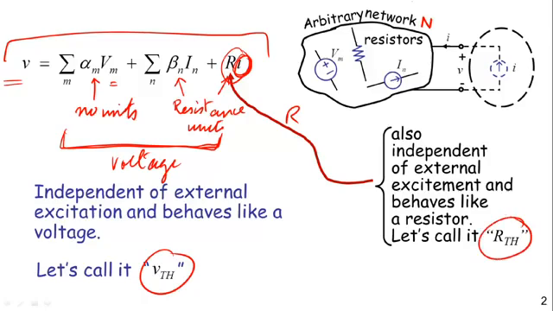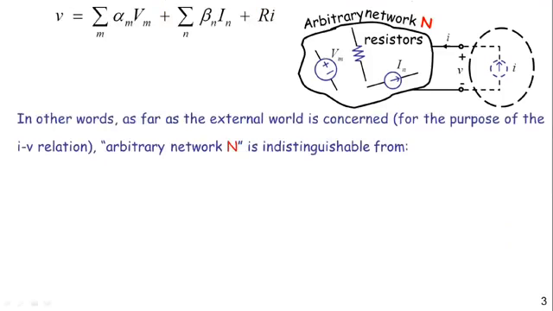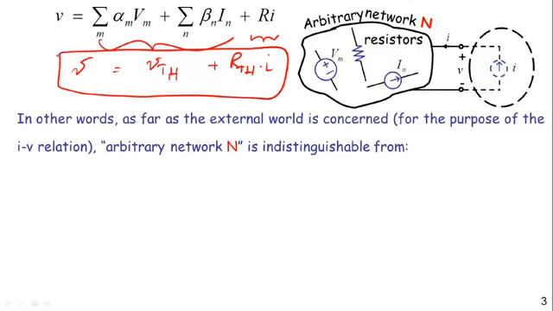So the term that gives you V comprises a portion we've called VTH, and a second component that relates to the external excitation I, multiplied by RTH, where RTH is independent of the external excitation I. So what I've just done is write V as a sum of a voltage I decided to call VTH, plus RTH times I. So V equals VTH plus RTH I.